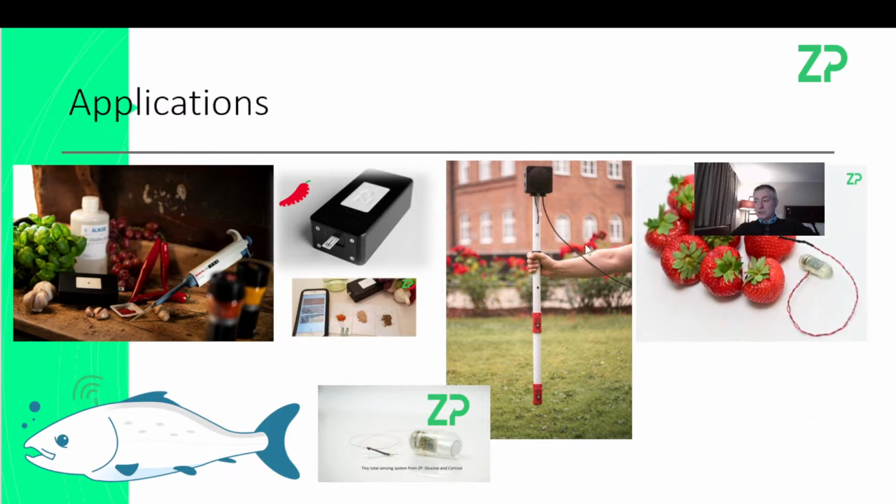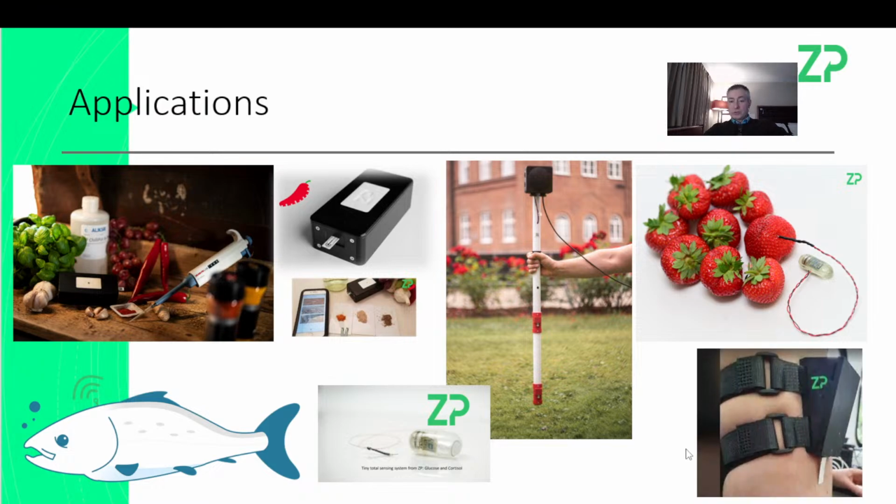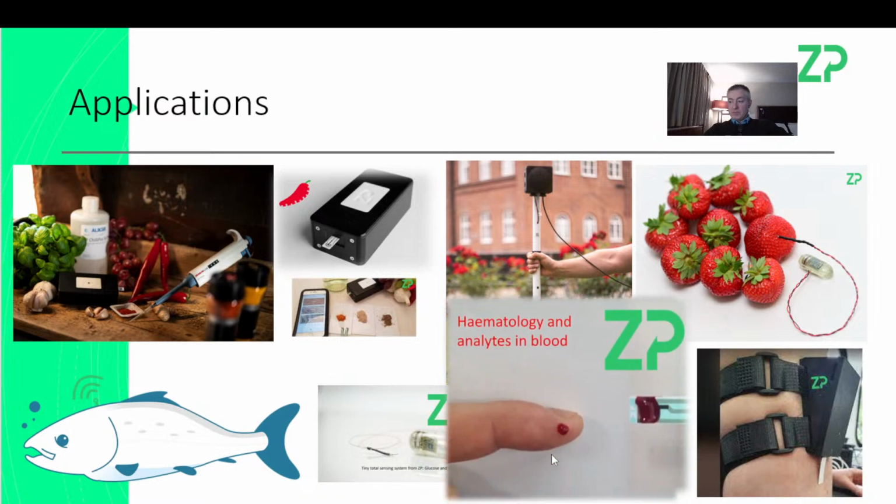And this is the same, we call it the fish tag sensor, in fruit, trying to measure the sugars in fruit. And this is a big part of what we do, which is wearable sensors, measuring lactate in sweat. And we do a lot of spot testing, testing a drop of blood, some tear film, some saliva.